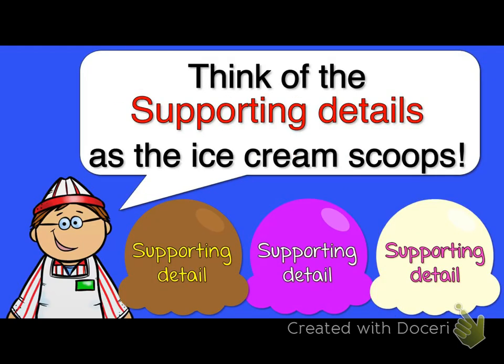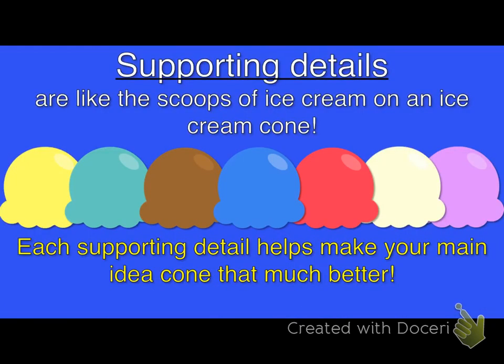Think of the supporting details as the ice cream scoops. Each ice cream scoop being a supporting detail. Supporting details are like the scoops of ice cream on an ice cream cone.